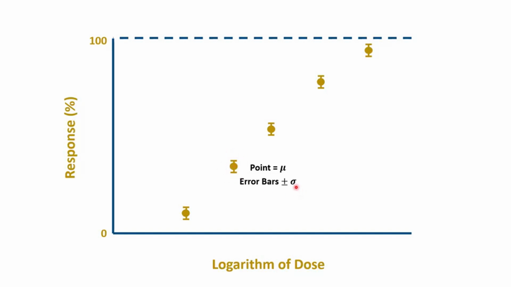So again, remember the parameters for that distribution are the mean, mu, and the standard deviation, sigma. Each of these points represents that distribution at that dose, and we map that to the distribution of responses. We see the mean response as well as the sigma that defines the variability in that response.